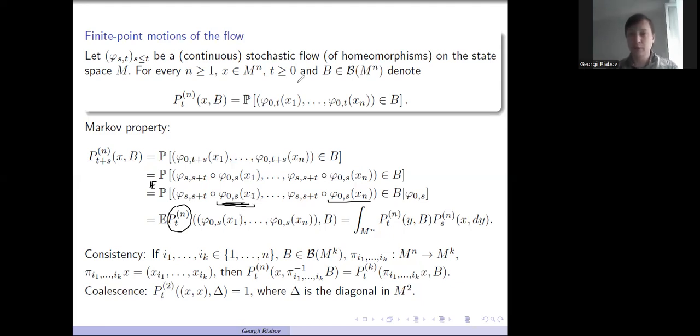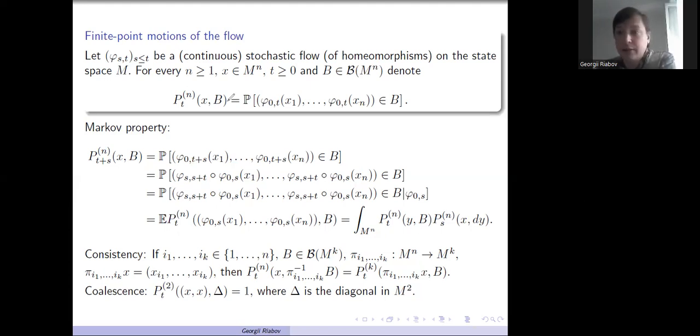And then when we take expectation, we get exactly the Chapman-Kolmogorov equation for P_n. So to a stochastic flow, we associate a family of Markov processes, which are called n-point motions of the flow.